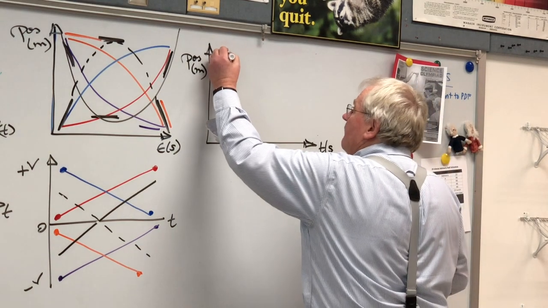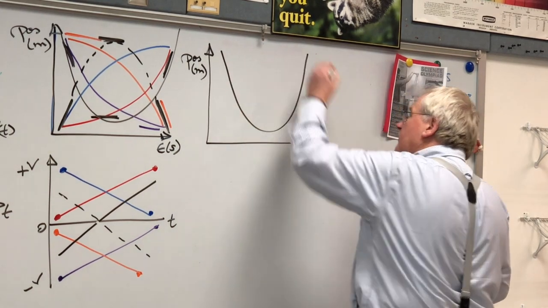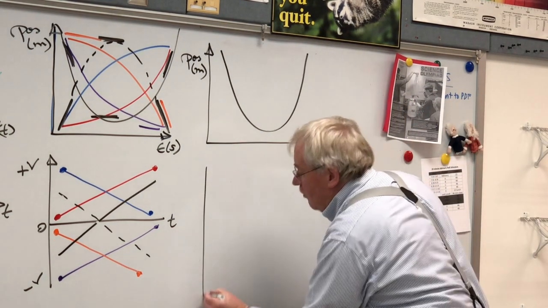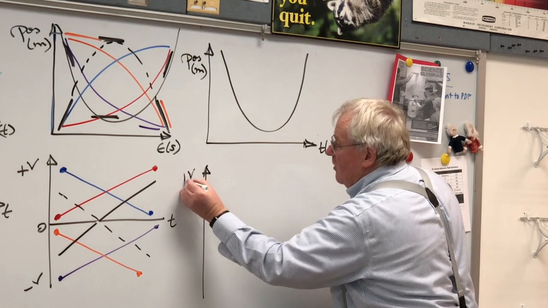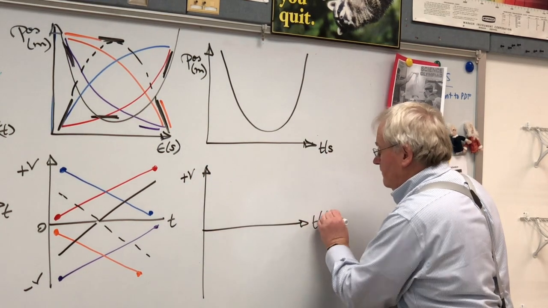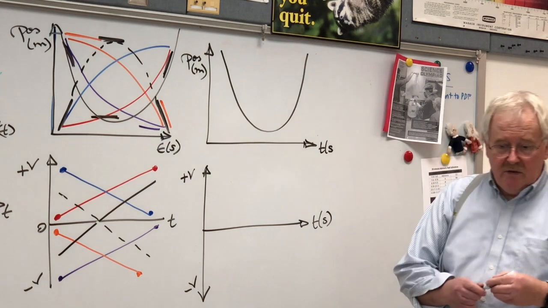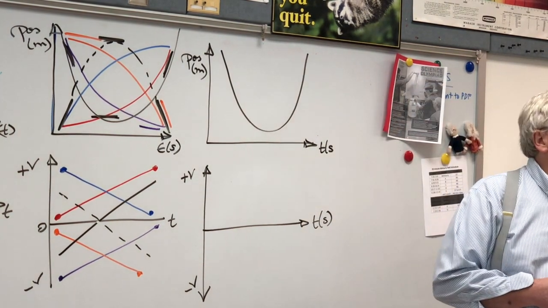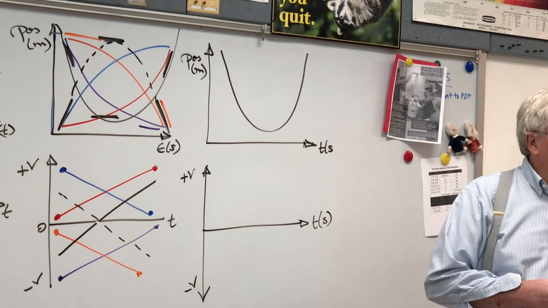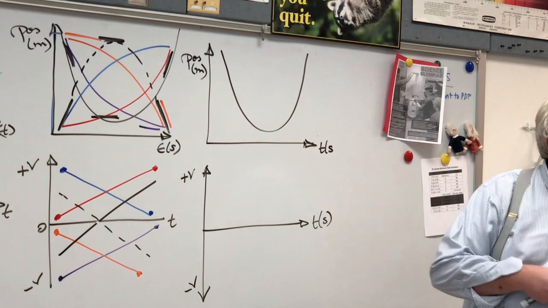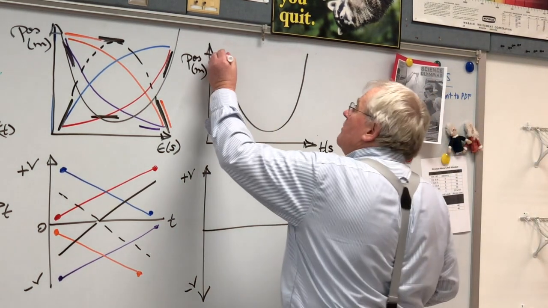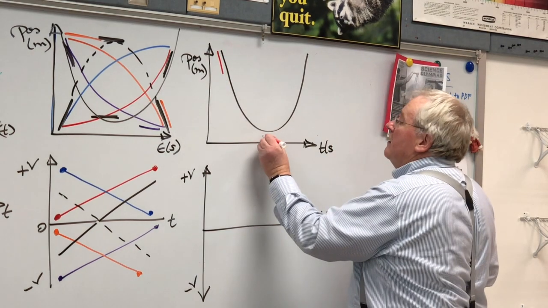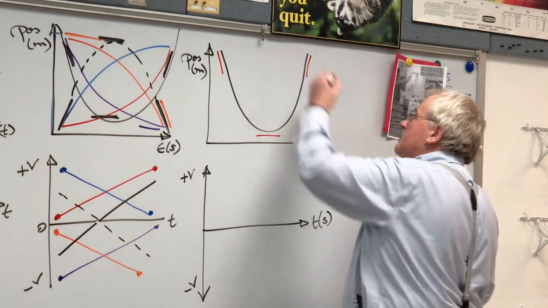So if I have a position time graph that looks like that, and I want to make the velocity time graph, what do I do? Well, my little trick is I put in some little slopes, just like I was doing over there. So I put that slope in, this slope in, and this slope in.